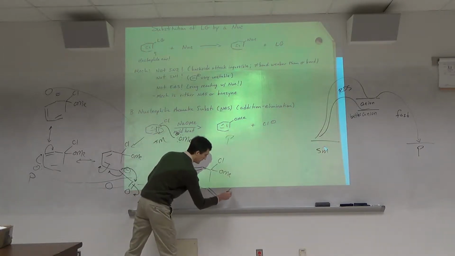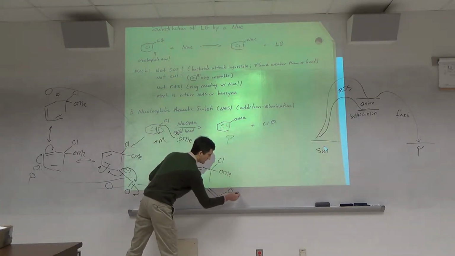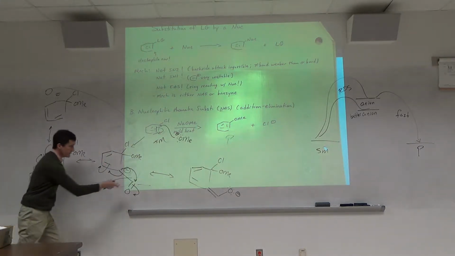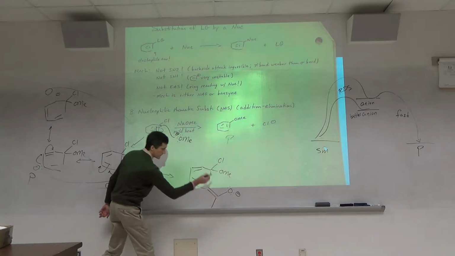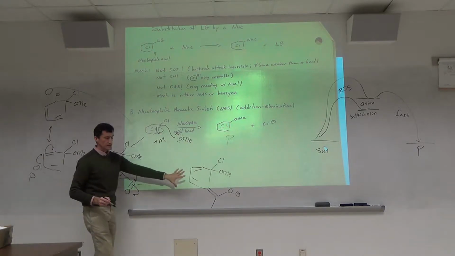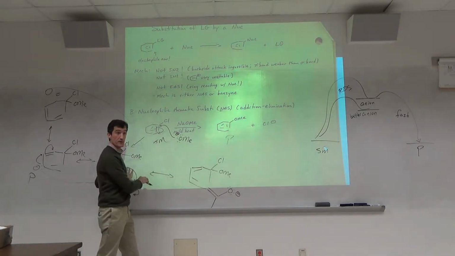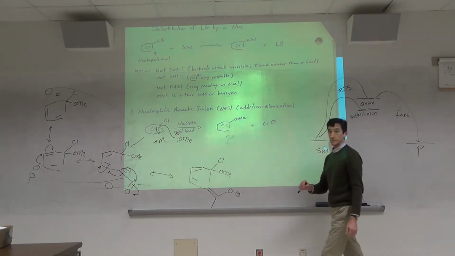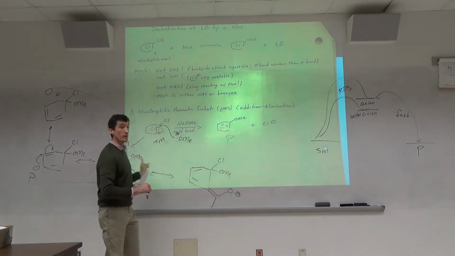I'm just going to draw it this way. 3 lone pairs, that becomes a minus. So there's another resonance structure, and I'm missing this methyl. There's that methyl. Additional delocalization of the minus charge should make this better. It should lower this. And indeed, we know that from the lab: if you try this, the reaction now works.